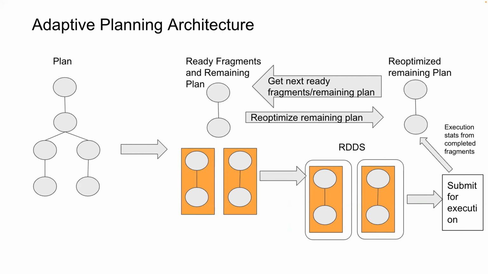Now this new architecture has a lot of arrows. You start with the plan as before, but instead of creating the full fragmented plan all at once with all of the stages, we only break down the stages that are ready for execution, the ones that aren't waiting for any dependencies to finish. The ones you start with are all of the leaf stages, and you submit those for execution.